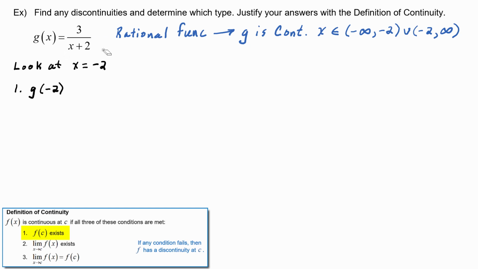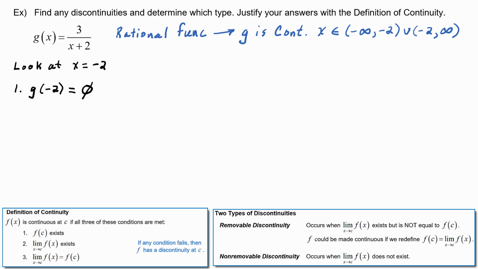And we see that that does not exist. So we can either write DNE or we can use the undefined symbol, either one. So immediately, because this failed at step 1, we already know that we have a discontinuity, and now we just have to determine which type of discontinuity we have.